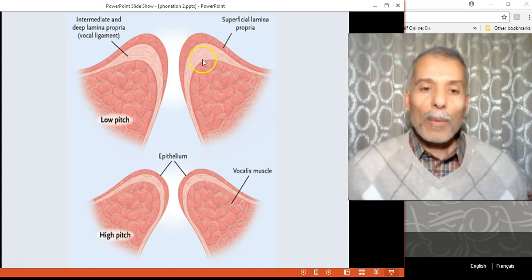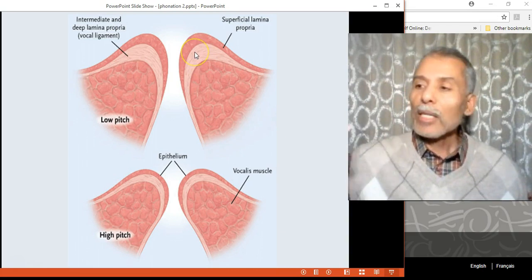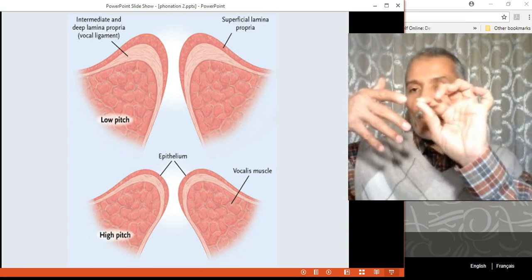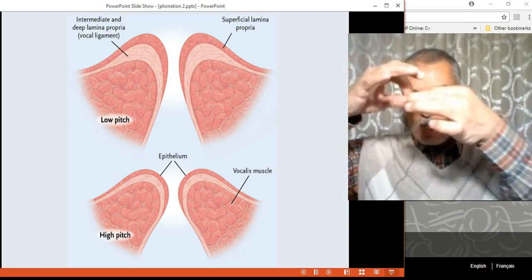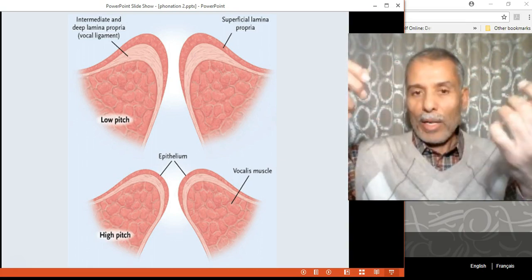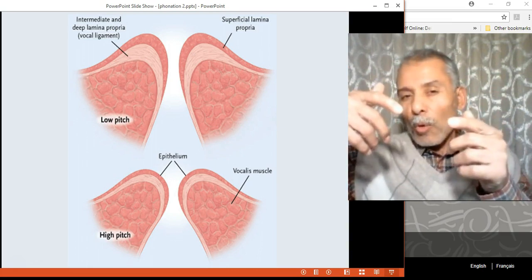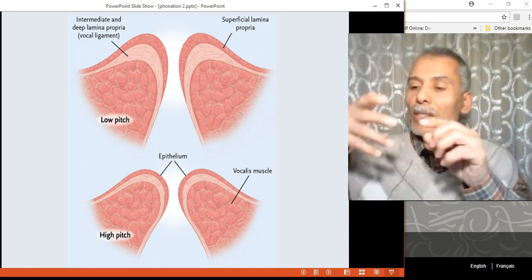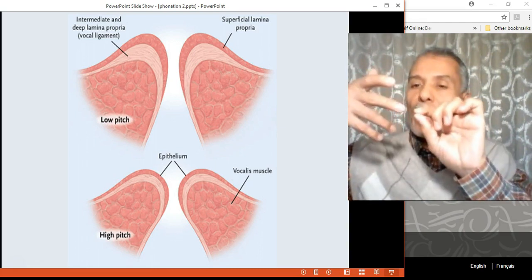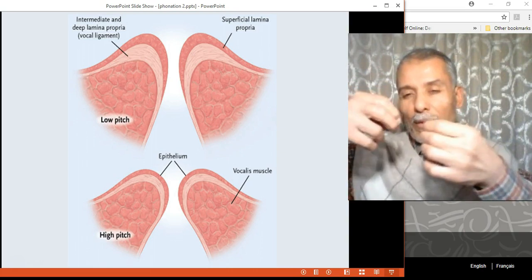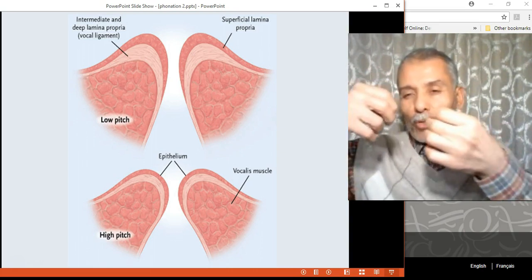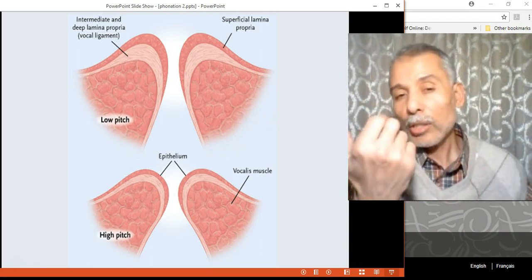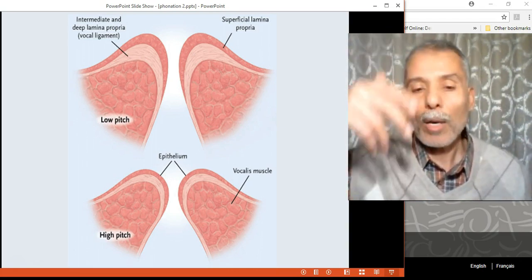One is the superficial lamina propria, which is very stretchy and rubbery, a little bit more tense than the epithelial membrane. Then as you go down, you have the intermediate layer. That's very stiff, and it doesn't stretch as much as the layer above it.